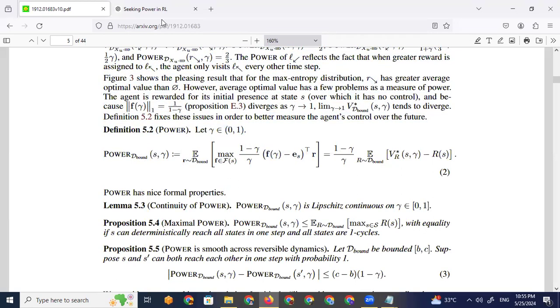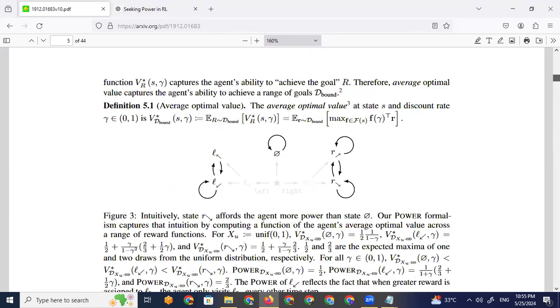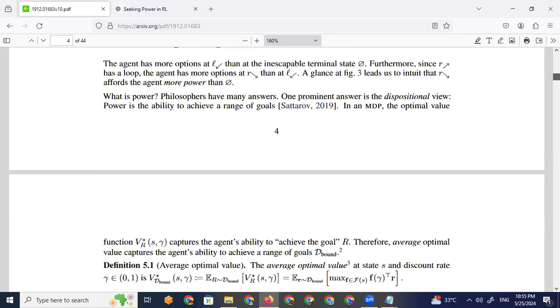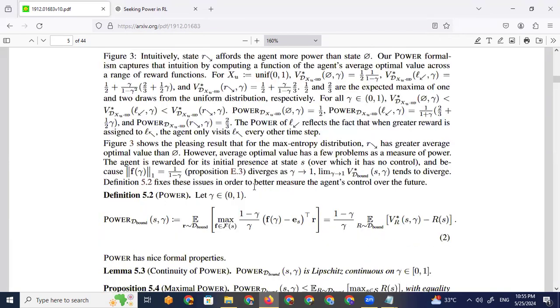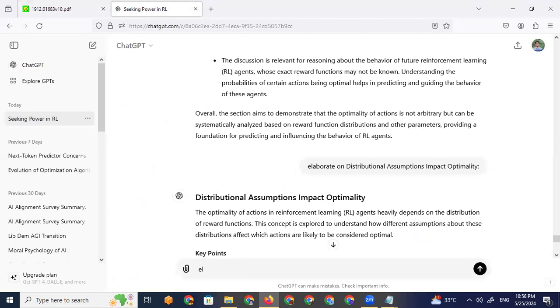So maybe we'll ask the model to elaborate on definition 5.2, and I'll just paste this in.